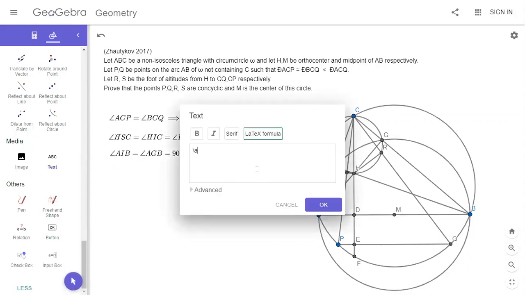So angle RSC is equal to angle RHC, which is 90 minus angle QCE, is equal to angle RQP. So that means RSPQ is cyclic.